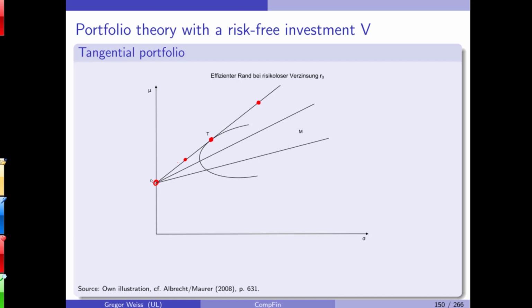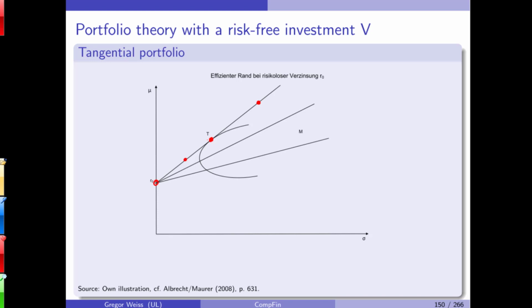What is separated? Now before, without the risk-free investment, we saw that actually we needed a utility function to decide what portfolio an investor would choose. We had different portfolios on the efficient frontier. They were all efficient. The question which portfolio is optimal for an investor depended on his or her utility function.